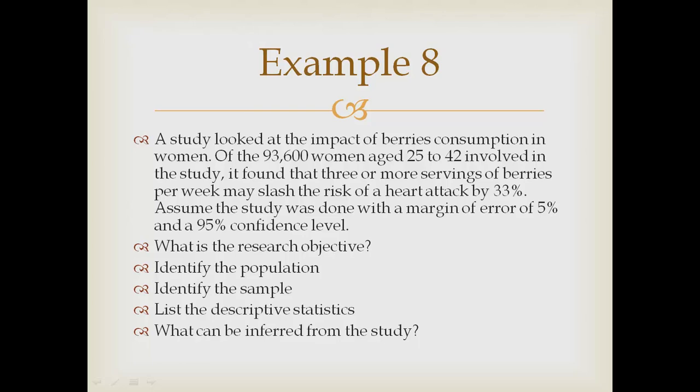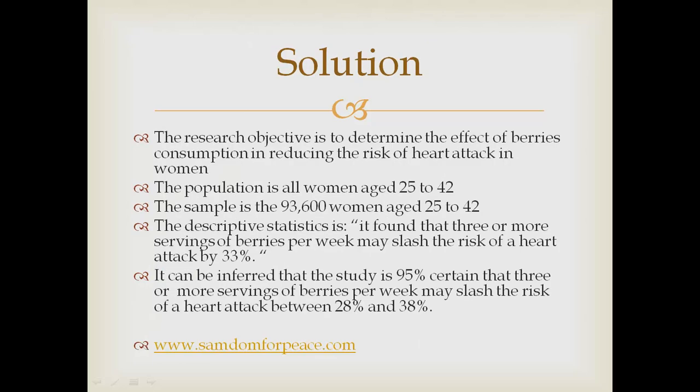So we look at this now. The research objective is to determine the effect of berries consumption in reducing the risk of heart attack in women. So you came up with a question: let me see the effect of berries on women who consume berries every week, on the risk of them having a heart attack.